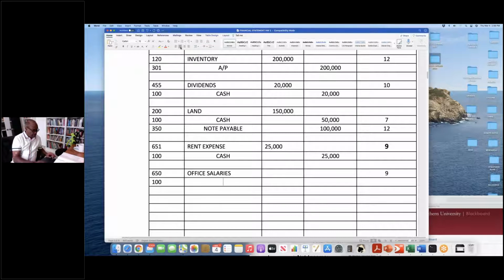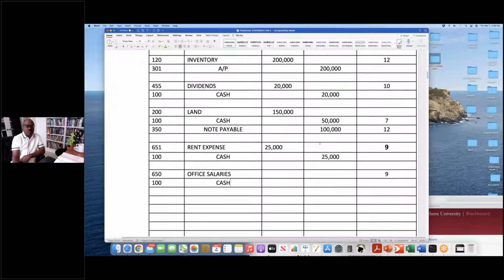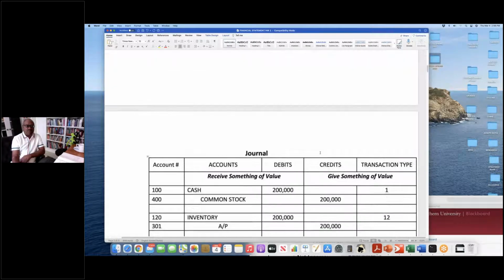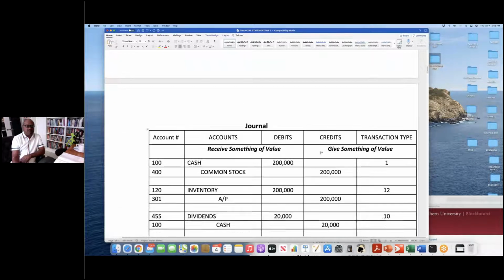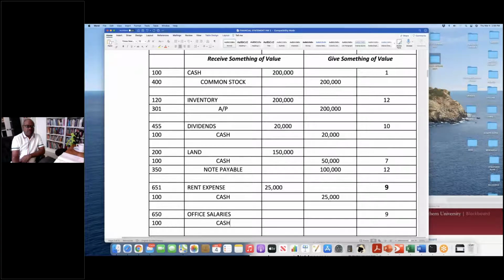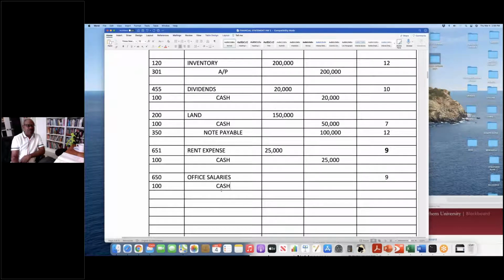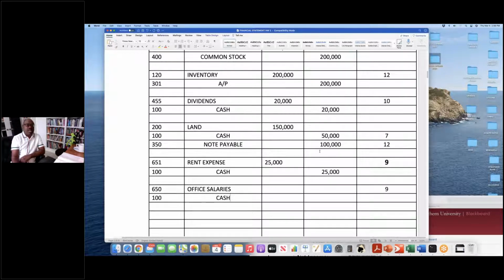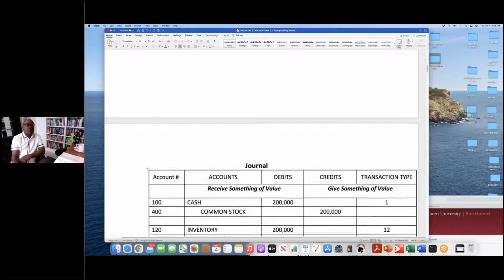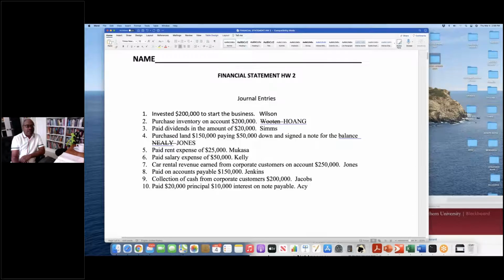Professor Boyd, I put a different account for that question. I just put sales salary expense because it just says salary expense. That's all it says. Okay, doesn't matter.